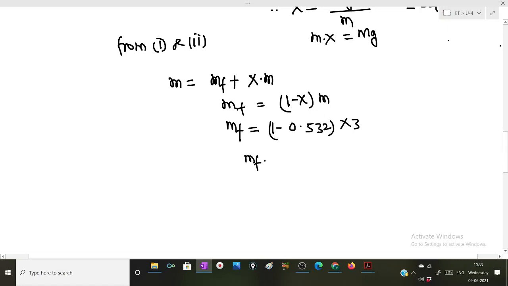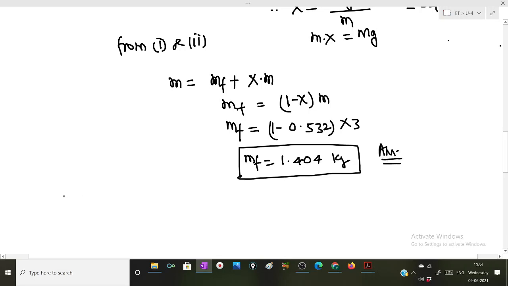So this will come out to 1.404 kg. This is your answer number 1.